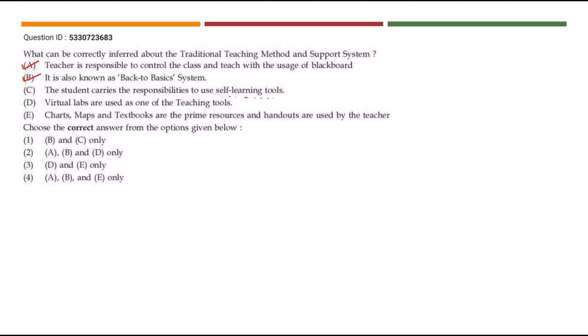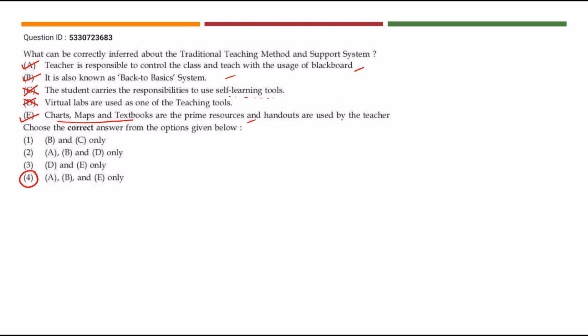So definitely C is not a part of traditional teaching method. Virtual labs are used as one of the teaching tools. Definitely not. So D is also ruled out. Charts, maps and textbooks are the prime resources and handouts are used by the teacher. This is perfectly right. Option number 4, A, B and E only will be the right answer.